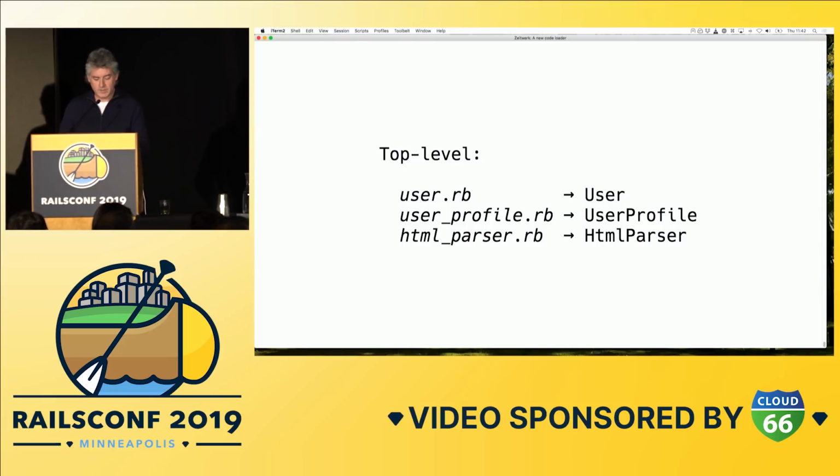And if you have html_parser.rb, the default constant name expected from that file would be HtmlParser, with lowercase in those 3 letters. But if you prefer to have HTML as an acronym, there's a way to do that. Okay?